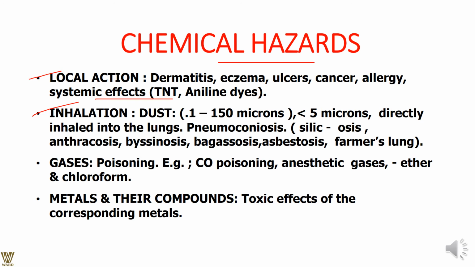One is through the inhalation of dust, between 0.1 and 150 microns. Dust particles less than 5 microns are directly inhaled into the lungs. Pneumonitis, silicosis happen. Anthracosis, bagassosis, we need to talk about it. We have to understand what it is all about.